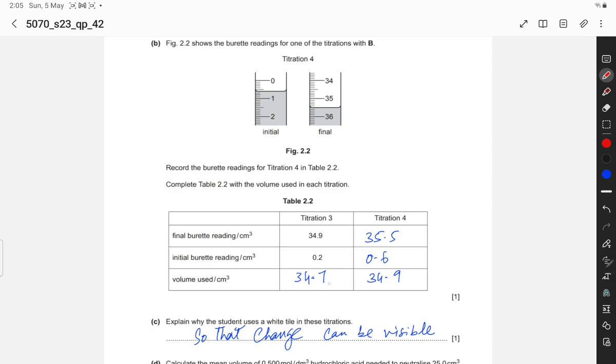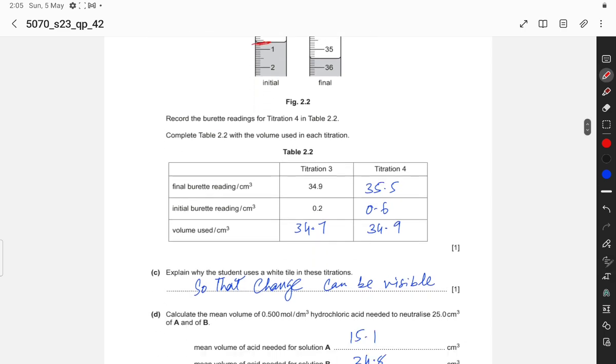So this is 34.7. This is titration 4, which is given over here. The other reading is 0.6, and by subtracting 0.6 from 35.5 we get 34.9.